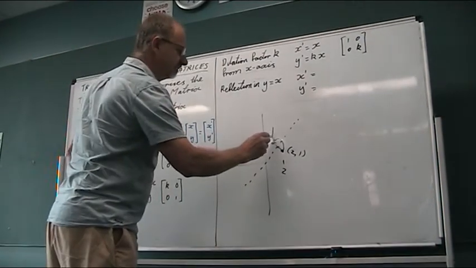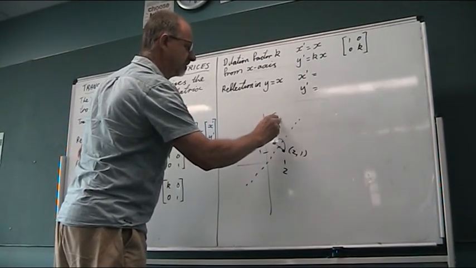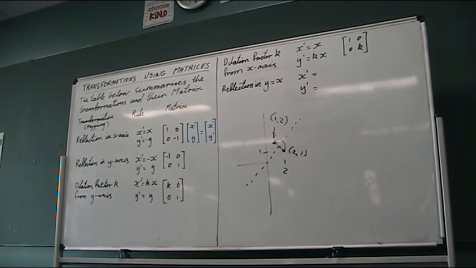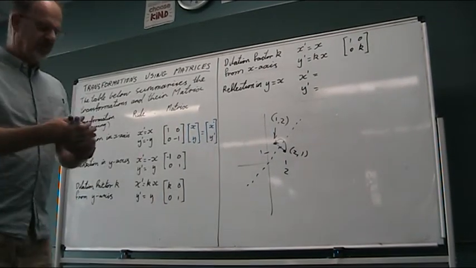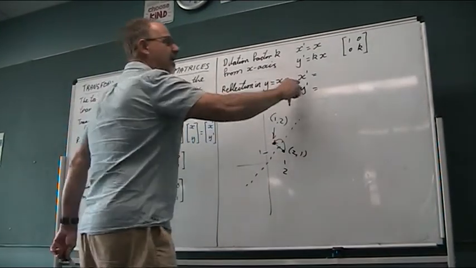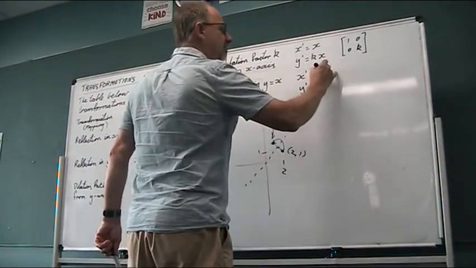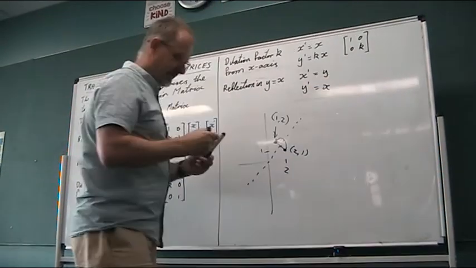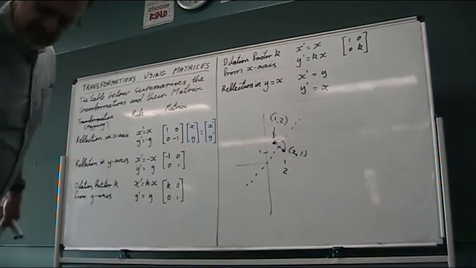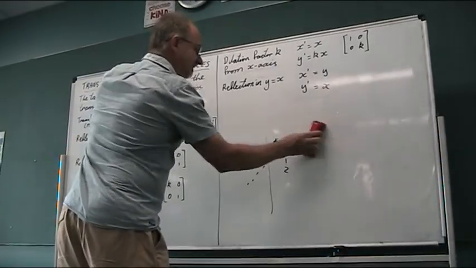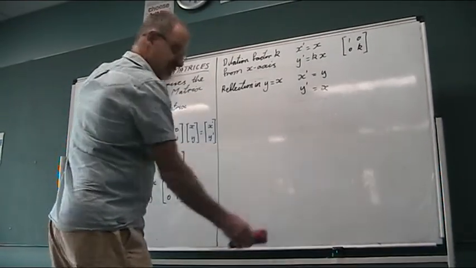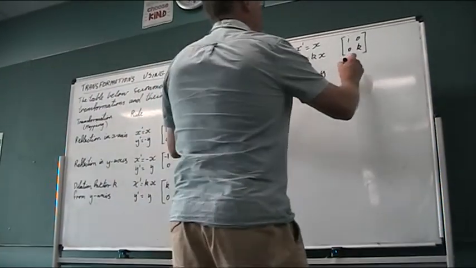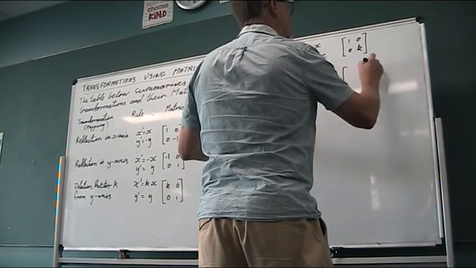1, 2. So what's effectively happened? The x and the y have swapped. The new x is the old y, and the new y is the old x. So how can we represent that in a matrix?